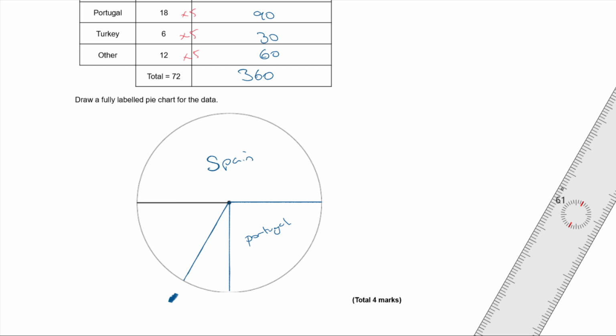Okay, so the small one was Turkey and the larger one was other. And there's my completed pie chart. Okay, so you don't need to write the angles on. You do need to label the sections though, and the angles need to be correct to get the marks.